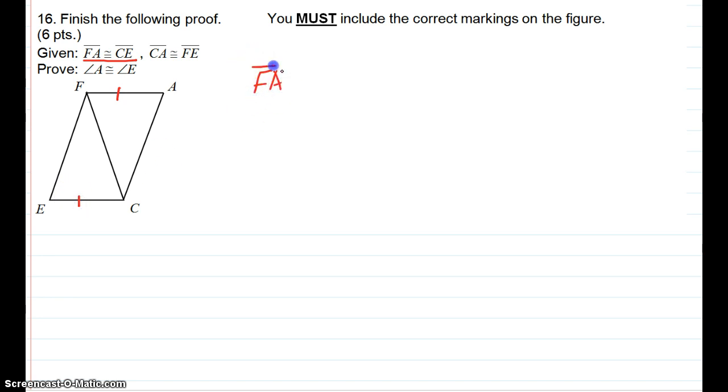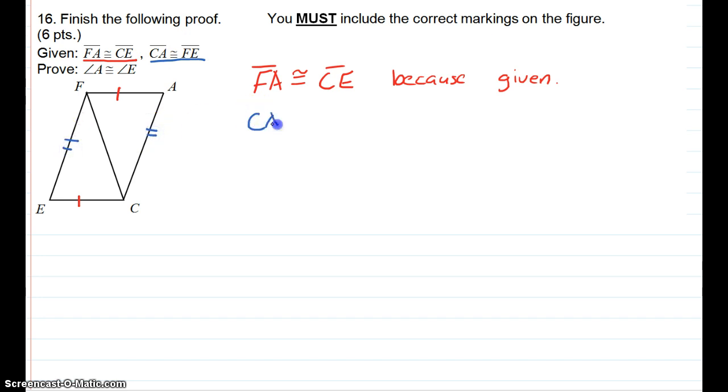Segment FA is congruent to segment CE because given. Now let's say CE is congruent to CA is congruent to FE. So the CA is congruent to FE.